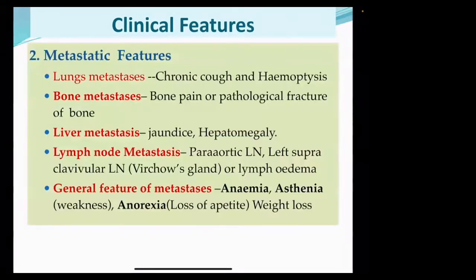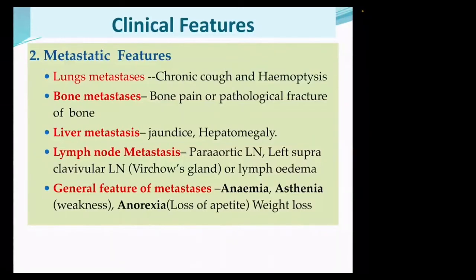As this is a testicular tumor, we always search for metastatic features as well. So you know the common metastatic features. If it goes to the lung, there is coppery hemoptysis. Liver metastasis means jaundice and hepatomegaly. For lymph node metastasis, the para-aortic lymph node is very difficult to palpate.